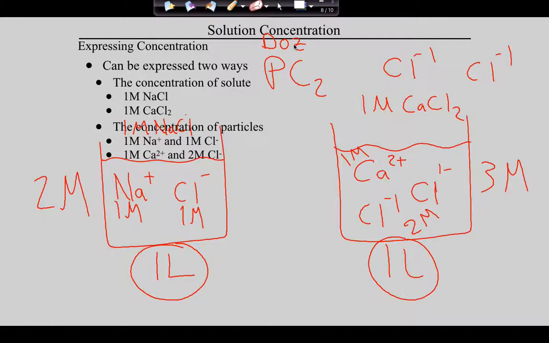Well, if you break this apart, each of these is going to break into 3 things. So if you have one of these, you've got 3 pieces. What if you have a dozen of them? So if you have a dozen pen 2 caps, then how many total pieces do you have? 3 dozen, right? The same logic is true here. If you have 1 molar of this and you break it apart, you're going to end up with 3 molar particles because this breaks into 3 bits. You get the idea? Is that okay?